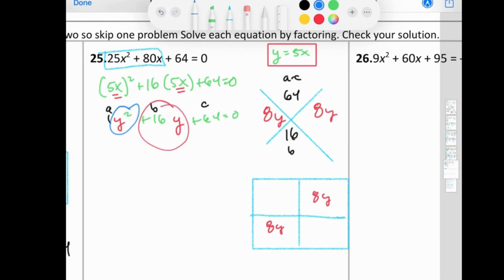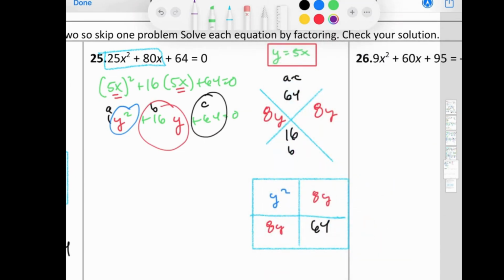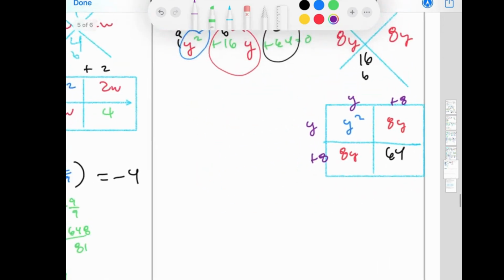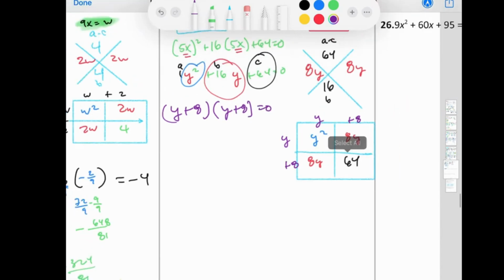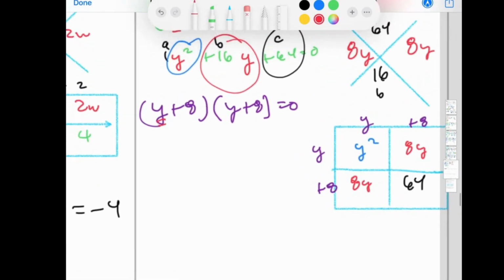So take greatest common factor of this row, greatest common factor of this row, this column, and let's not make the mistake we did last time, which was to do our substitution. Y plus 8 equals 0. And then every time I see y, I can write 5x.